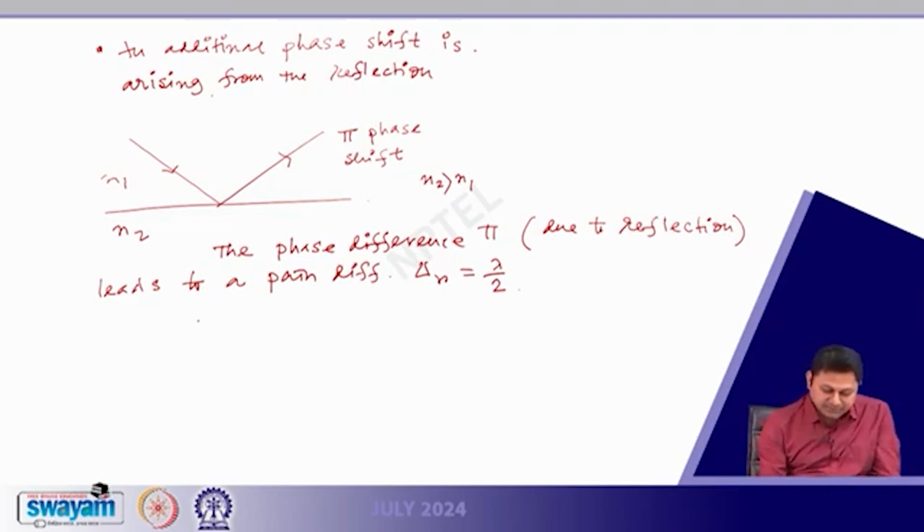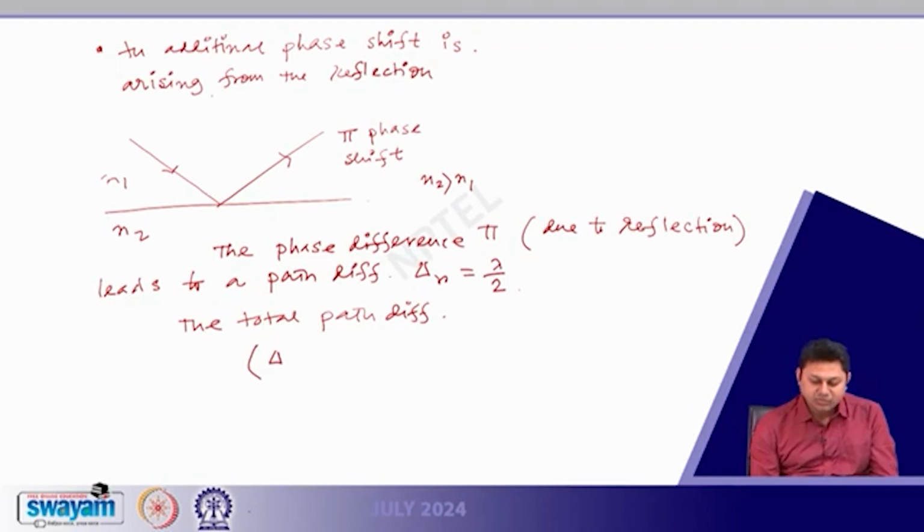So the total path difference will be defined by the path difference due to the ray that is passing through this film, which we calculated, 2 NF t cos theta t, but you need to add an additional path difference with that because of this reflection issue. So that should be the total path difference.